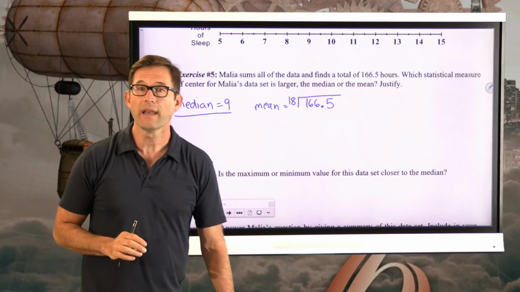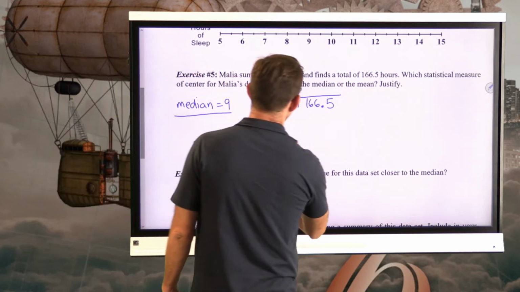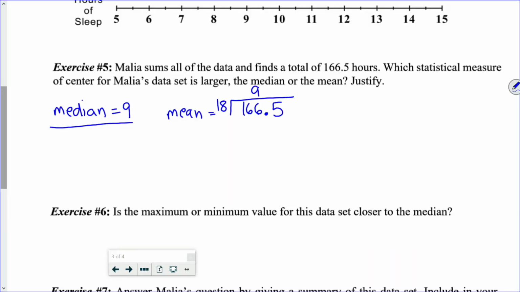Okay? So I now have to do this division longhand. So I have to think about it a little bit. I'm going to go with 9 right away, because I know my mean and my median are going to be close together. So 9 times 8 is 72. Bring up the 7. 9 times 1 is 9 plus 7 is 16. Subtract. Bring down the 5. Put that decimal point there. 18 goes into 45 2 times.